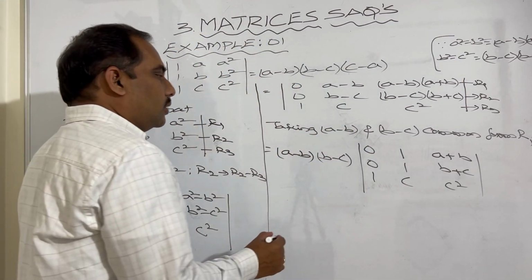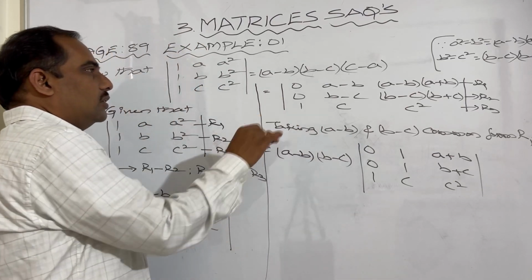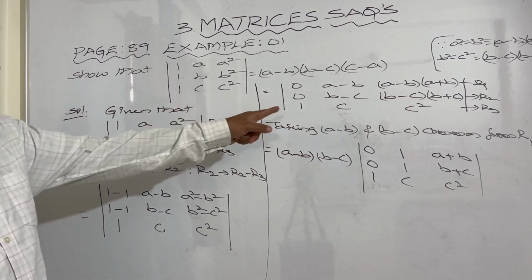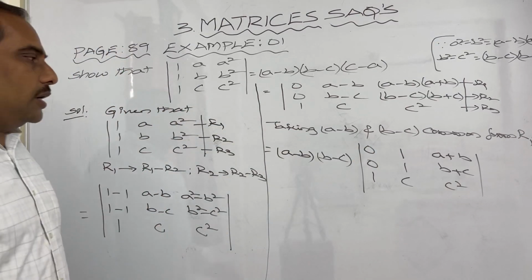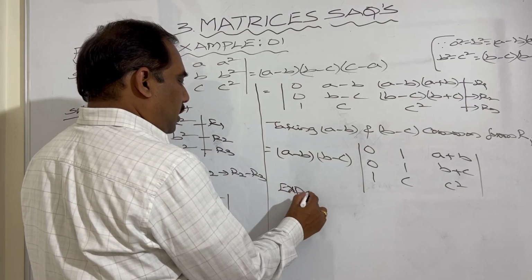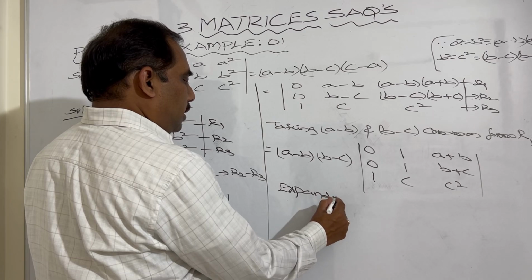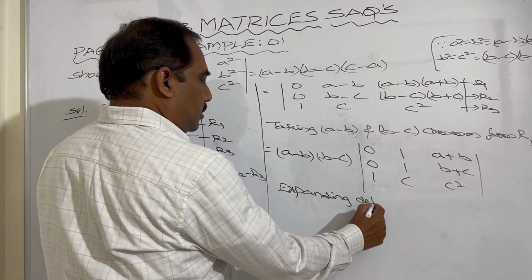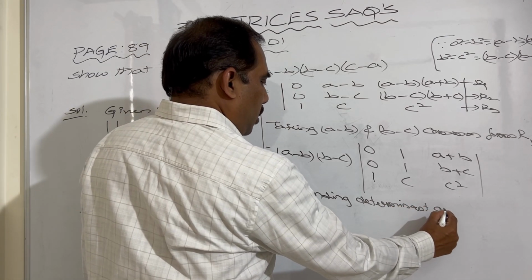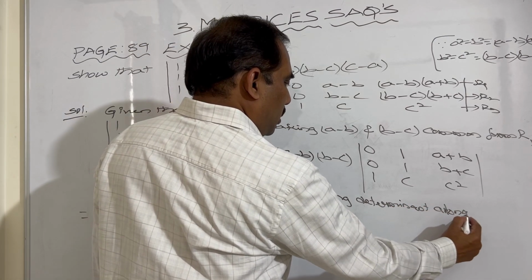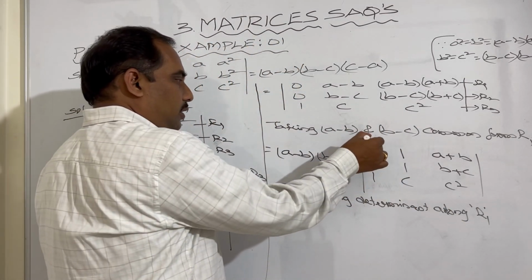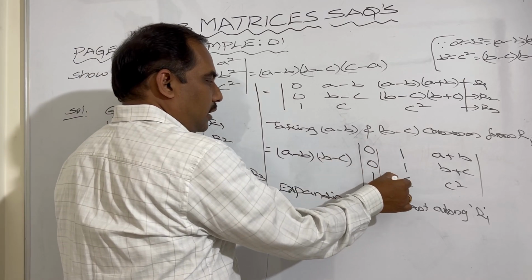See, once we convert two of the first column elements to zeros, now you can expand the determinant. Now expanding the determinant along R1, see here.